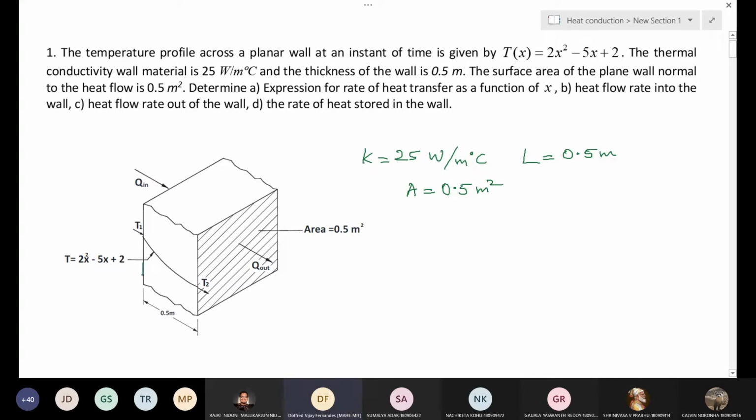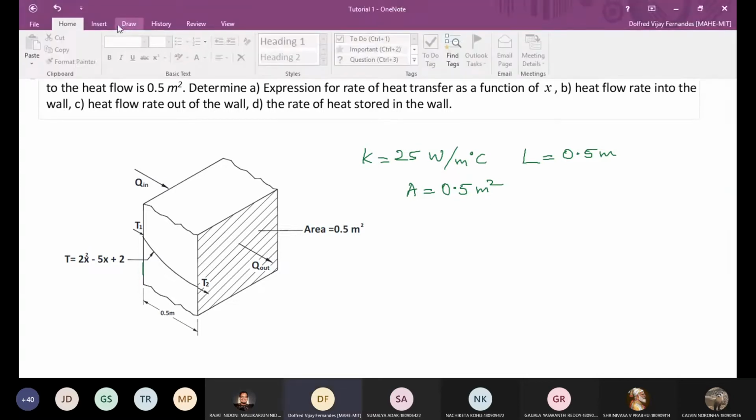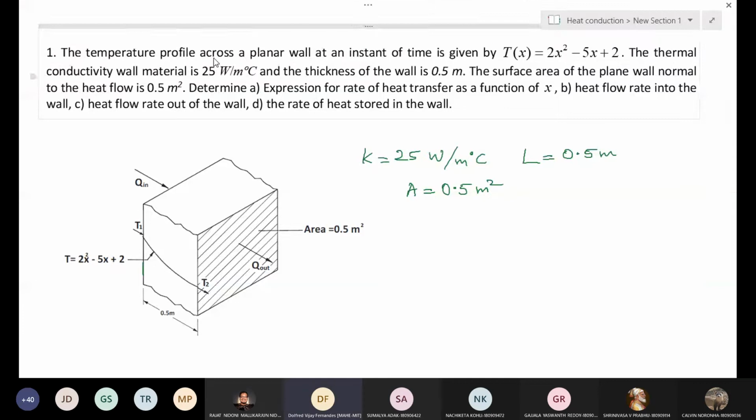So what is the value of X here? X is 0, I'll take here, and here X is equal to 0.5, the thickness of the wall.